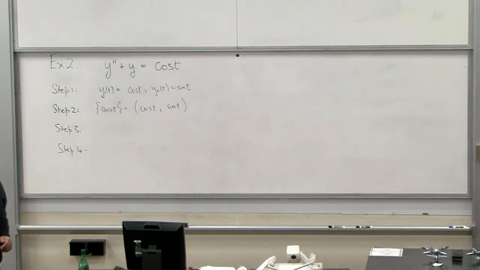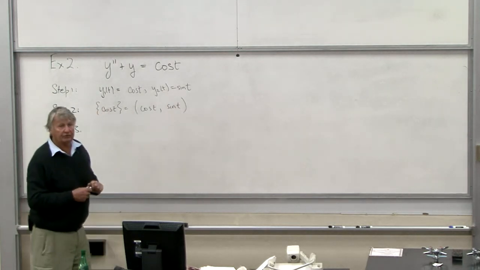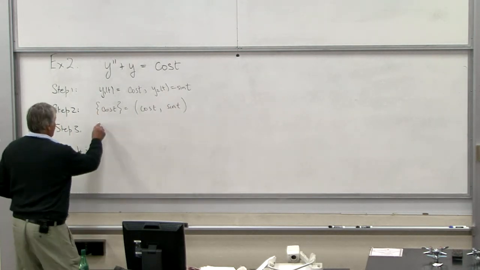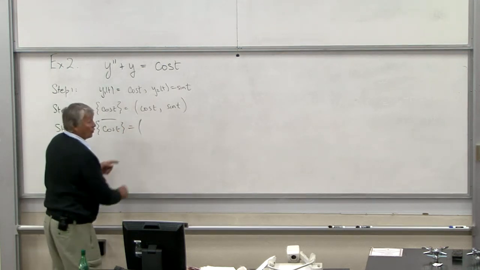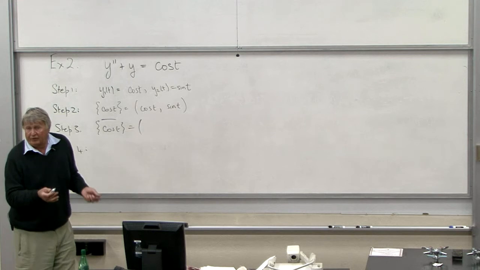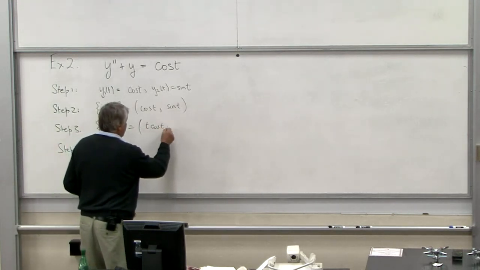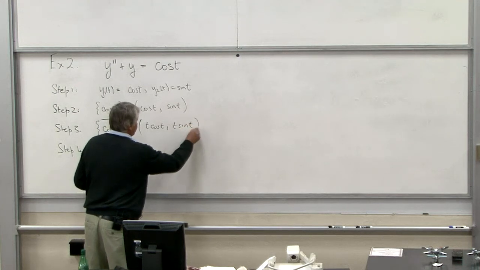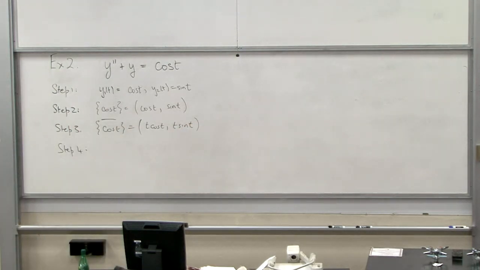Yes, this is right, because both of these are solutions to the homogeneous equation. So I have to modify by choosing the lowest power of t. So I try first t: t cos t, t sine t. Are they solutions of the homogeneous equation?